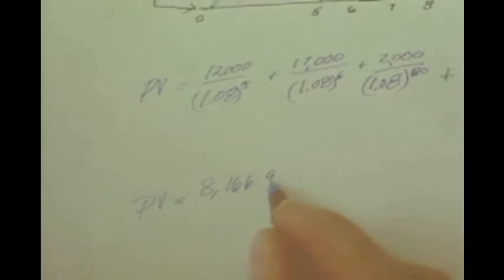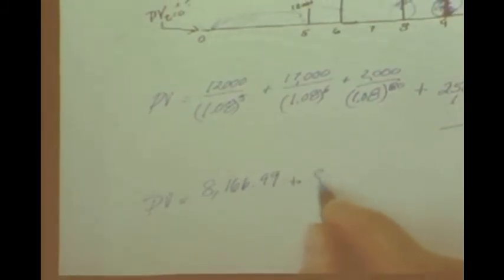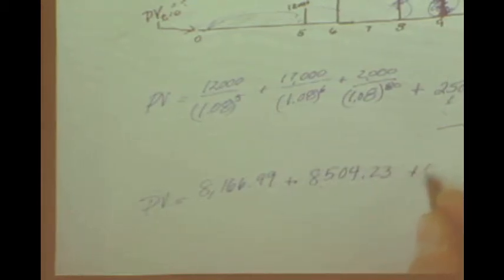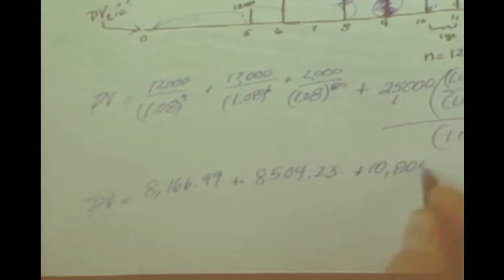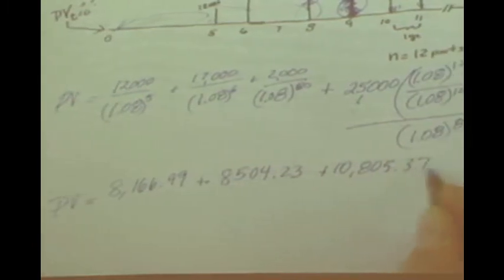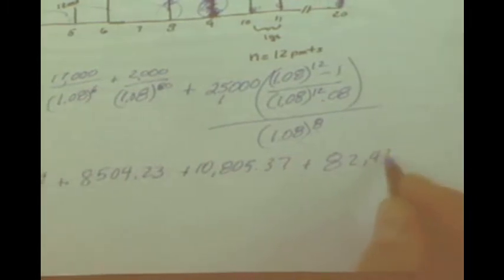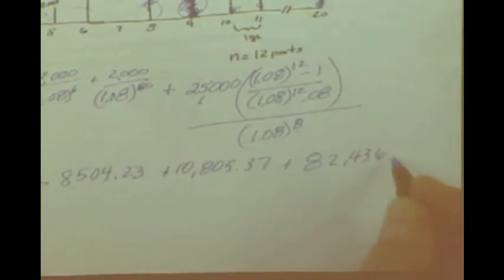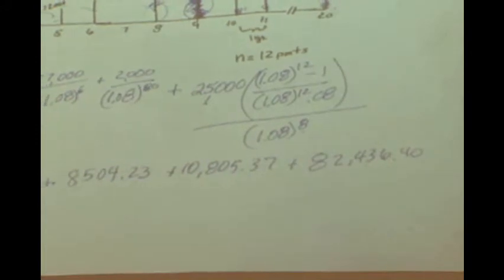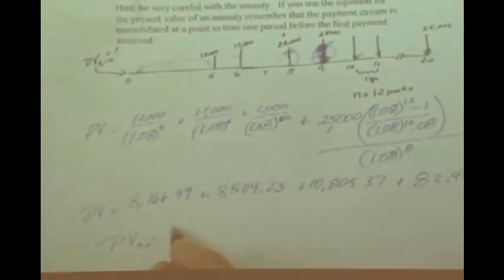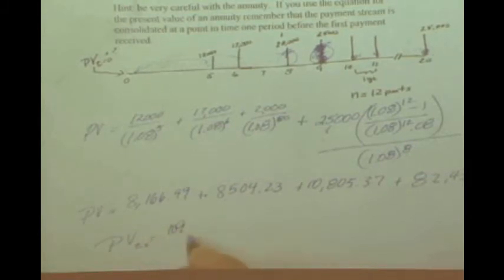And now we have everything at time zero. We can add all these amounts together. And the present value at time zero is $109,913 and a penny.